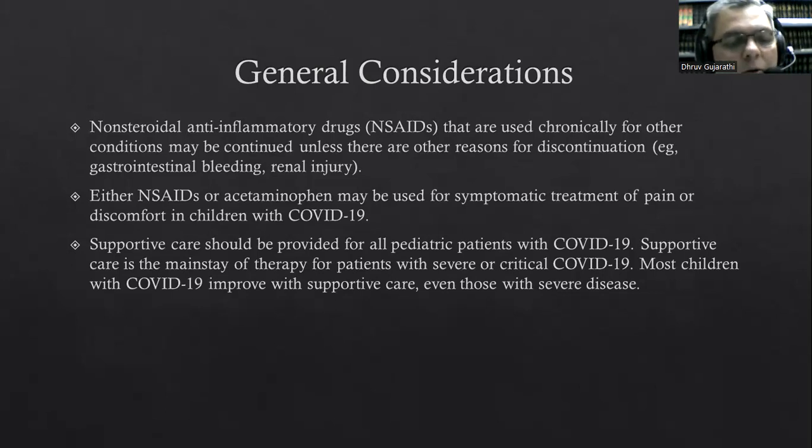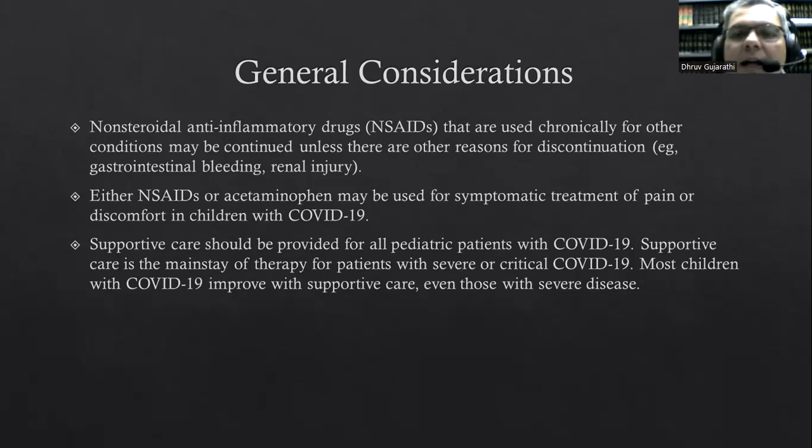A child who has or is suspected to have GI bleeding, occult or frank, should not be administered any NSAID. Or if a child is known to be reactive to a specific NSAID drug, he should not be administered it.